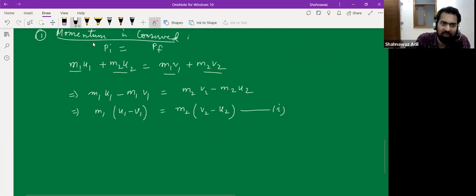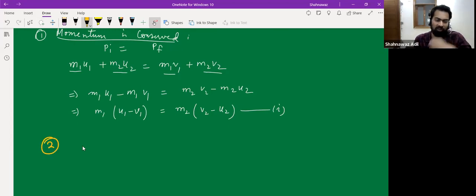Now we have utilized the first property. So can anyone help me by saying the second property? What was the second property of the elastic collision? Anyone? Right, Samira. Yes. So kinetic energy is conserved. Right.